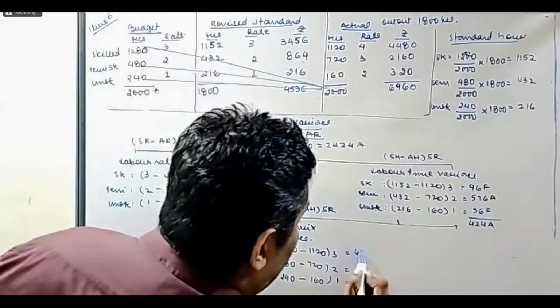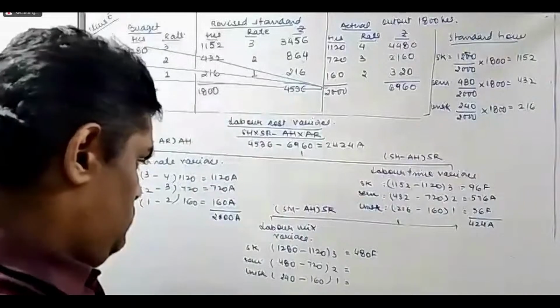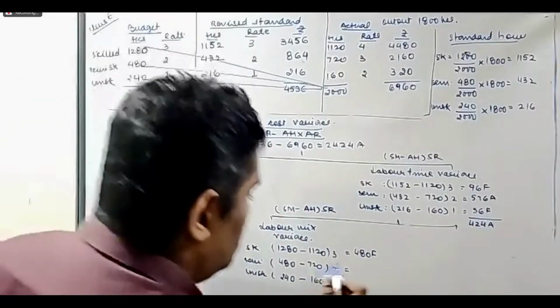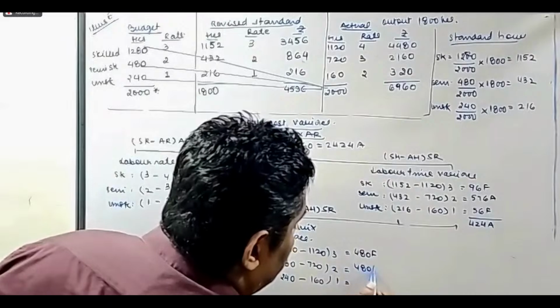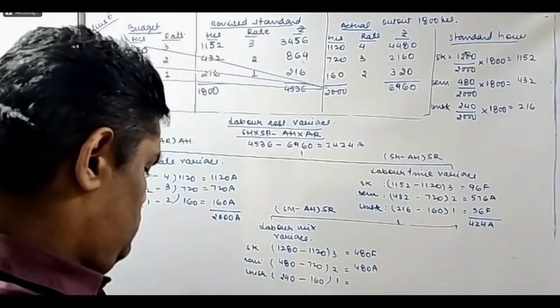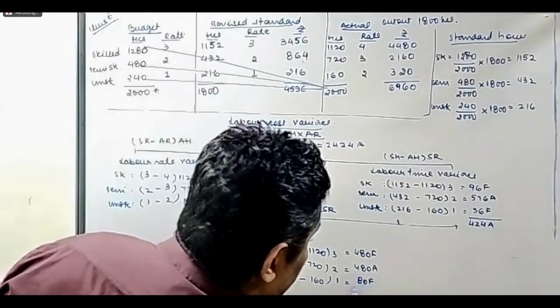So this will be 480 favorable. This will be 480 adverse. And this will be 80 favorable.